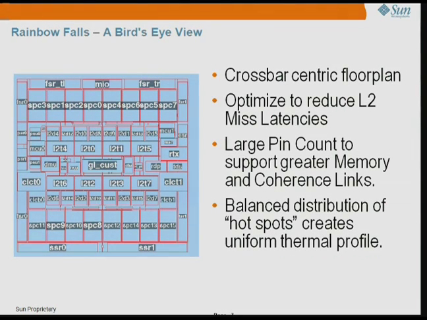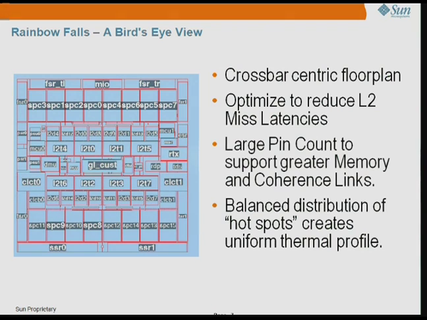Okay? So this is a floor plan of RF, and this is the tape-out floor plan. I provided this instead of a layout view because then you can see exactly what we've done in terms of placement of critical clusters.